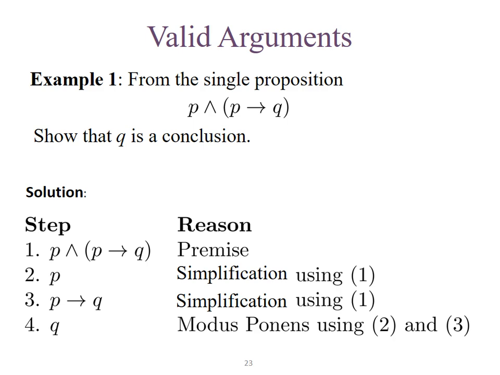Okay, then based on steps 2 and 3, P is true and P implies Q is also true, so we apply modus ponens to steps 2 and 3, and then we have the truth that Q is true. So we have all the complete steps from the premise, and we get the final result, the conclusion Q is true. Then we complete the proof.